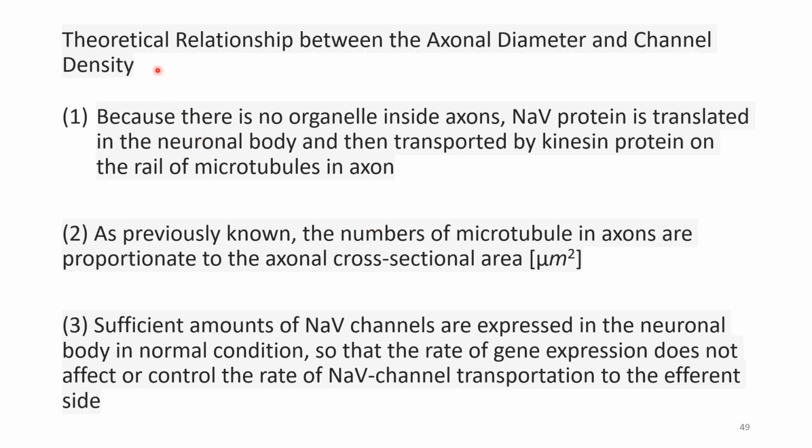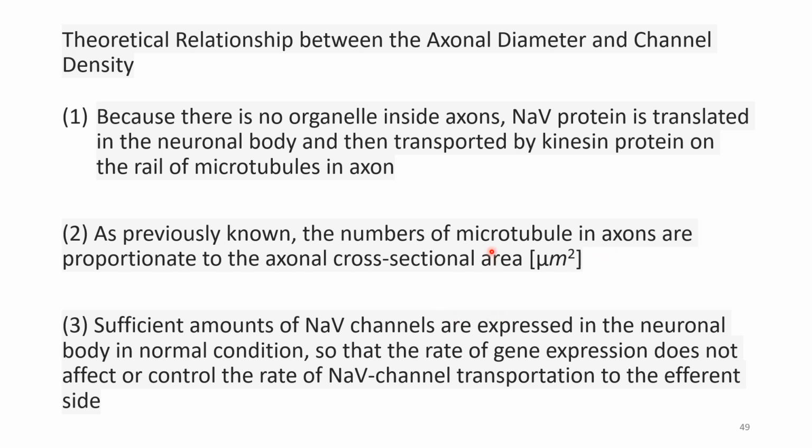And last, coming to the theoretical relationship between axonal diameter and channel density. Because axons, we already discussed, have no cell organelles. This protein is actually synthesized in the neuronal body and is transported by kinesin protein. And this is also coming towards the axon with the help of microtubules.